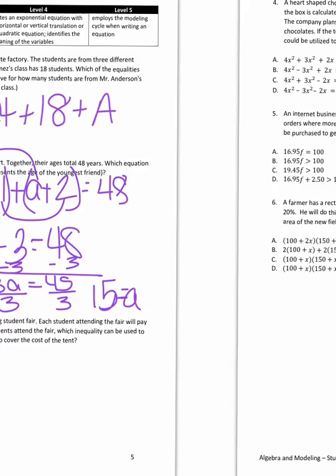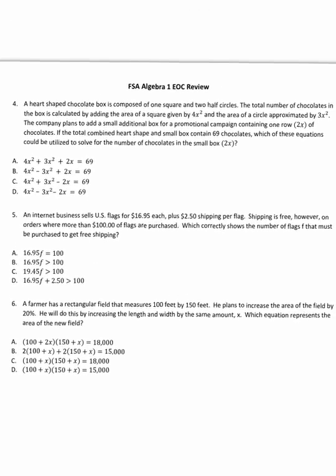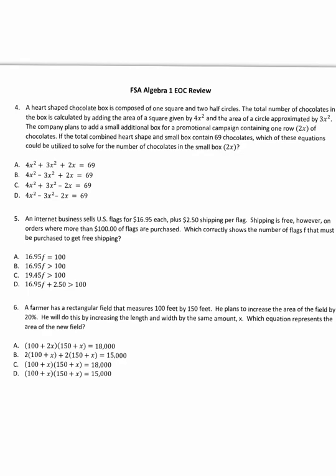Okay, next page. Number 4, a heart-shaped chocolate box is composed of 1 square and 2 half circles. The total number of chocolates in the box is calculated by adding the area of a square given by 4x squared and the area of a circle approximated by 3x squared.